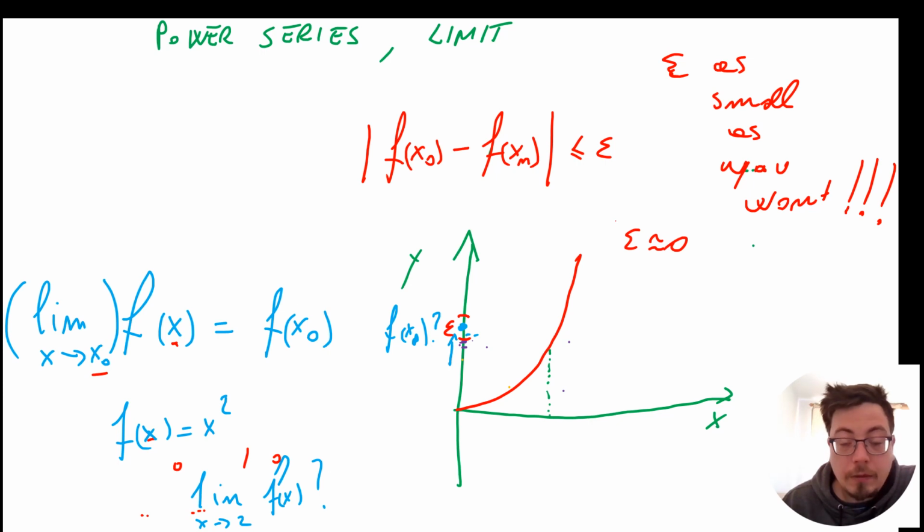This happens for well-behaved functions, for example, if they don't have gaps, or if they are easy to calculate. In this case the limit is f of 2, which is 4, because 2 to the power of 2 is 4. You don't need to do any calculation to do that. You know that because you know the value of the function.